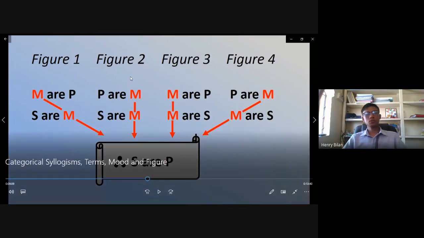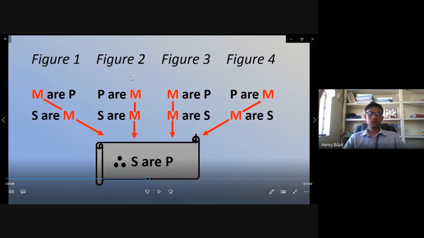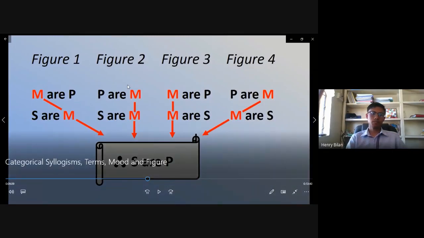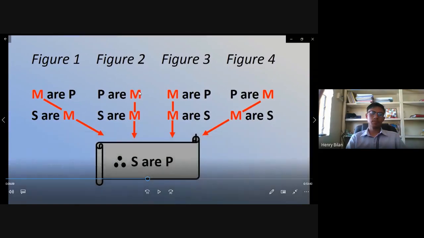Kapag figure 2, ilipat mo yung M sa kabila, so that we can find the middle term both in the predicates of the major and the minor premises. And we call this figure 2 as pre-pre, parehong nasa predicate.